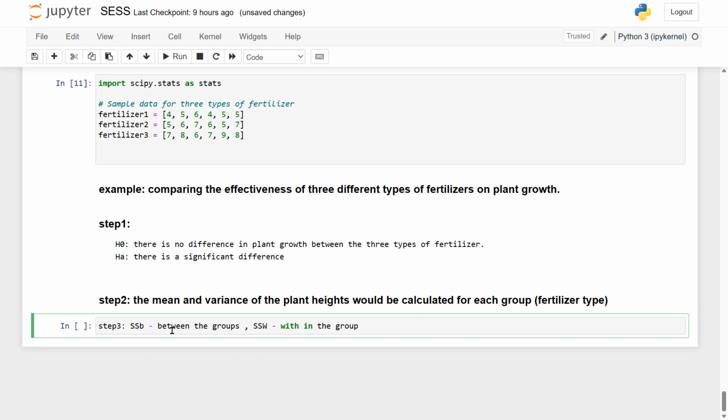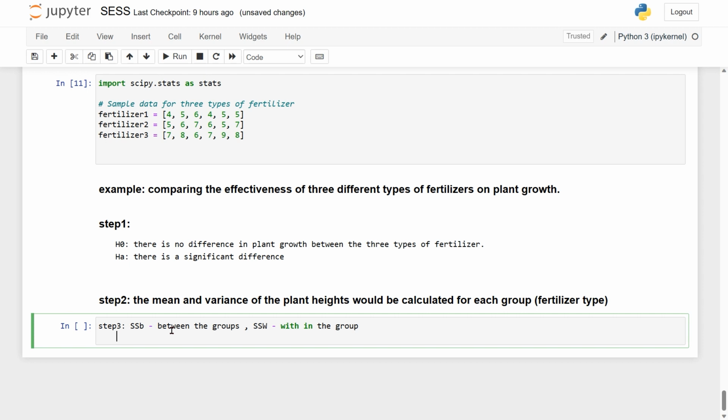The between group variance would be calculated as the sum of the squared differences between the group means and the overall mean of all plants. That's your SSB. It's the sum of the squared differences between the group means and the overall mean, that's the data set mean of all plants.